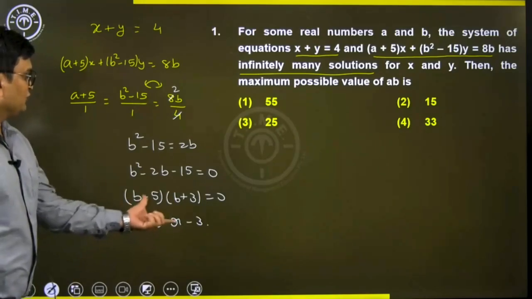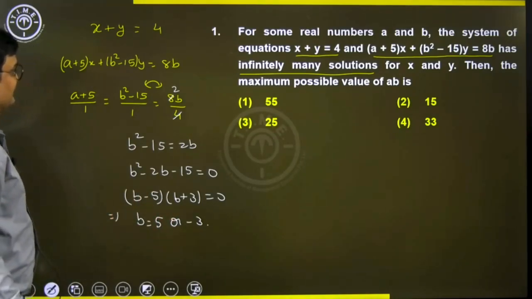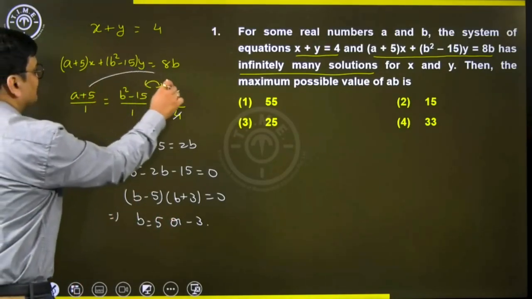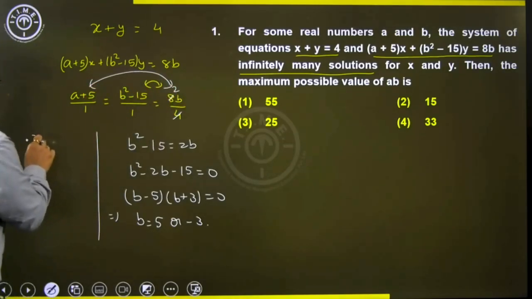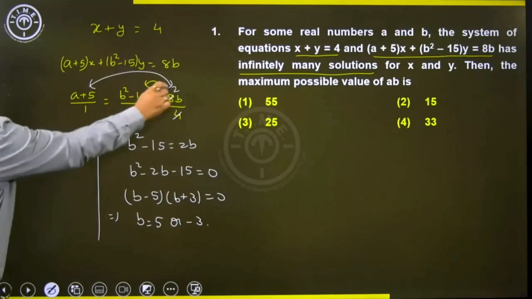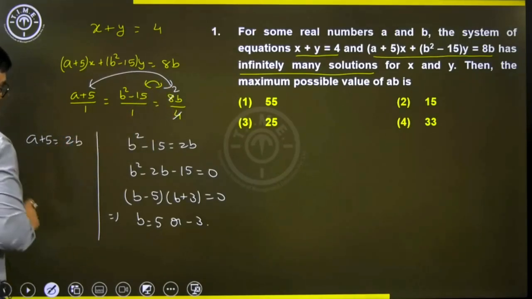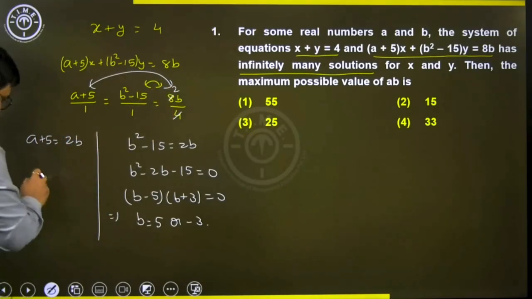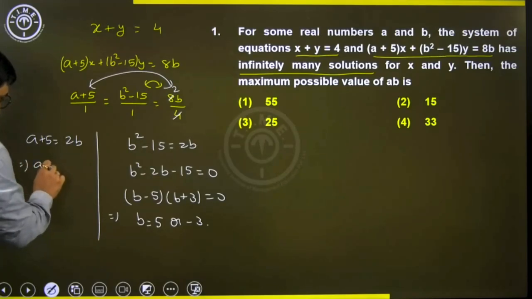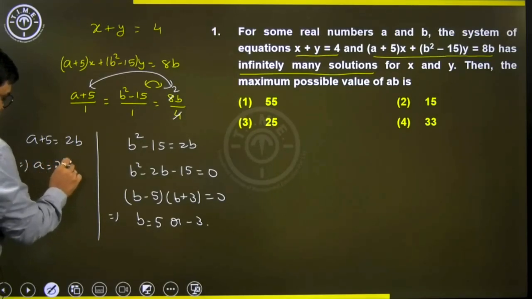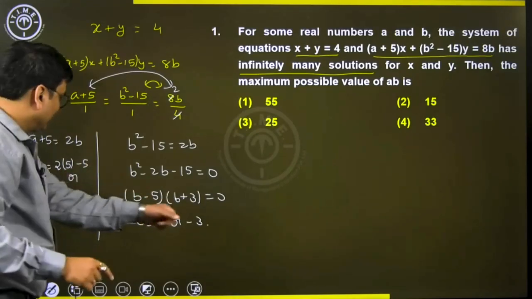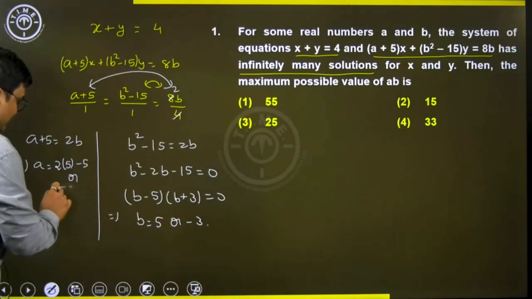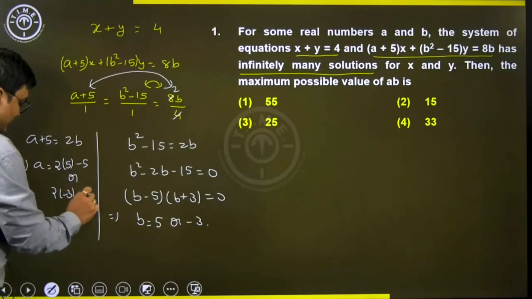Now once we get b equal to 5 or b equal to minus 3, let us make use of this set of equations so that we can also find out a. So if you look at this, it is a plus 5 by 1 is equal to 8b by 4, which is 2b. Now if b is 5, then a will be equal to 2 into 5 minus 5, or if b is minus 3, then a will be equal to 2 into minus 3 minus 5, correct?